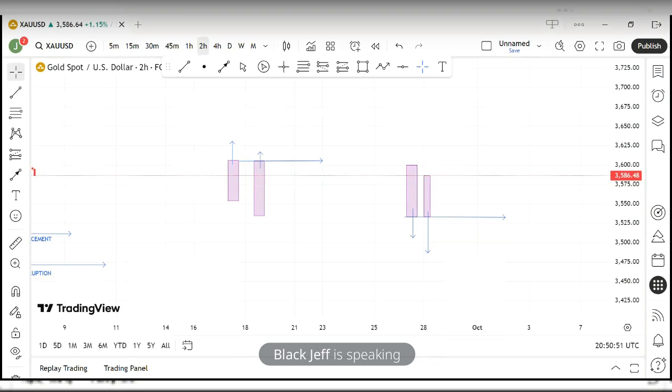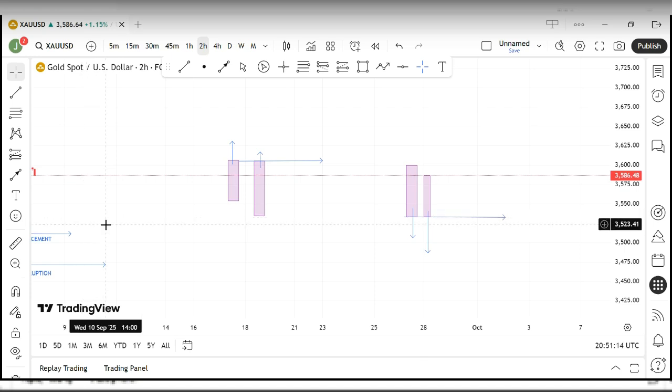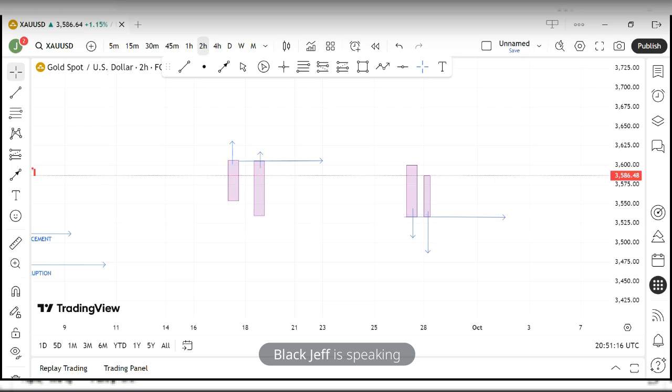Can you see my screen right now? I just need one more person to tell me they can see my screen and I will continue. All right, let's continue.